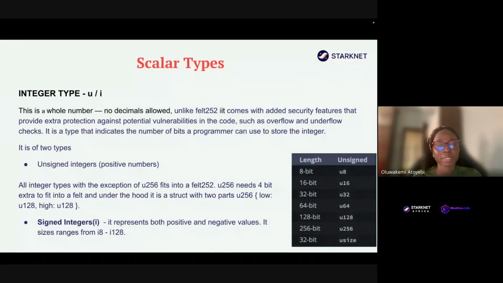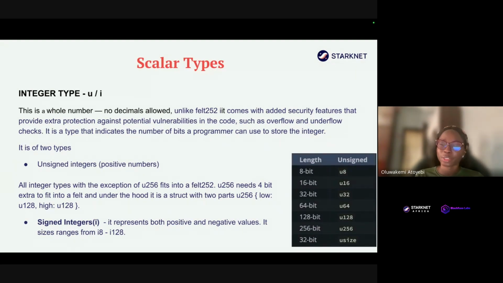I will explain this. In integer types, we have two different types: we have the unsigned and then we have the signed integer. Now, integer types are all whole numbers, no decimals allowed. Felt252 differs from an integer in the way it does its division.